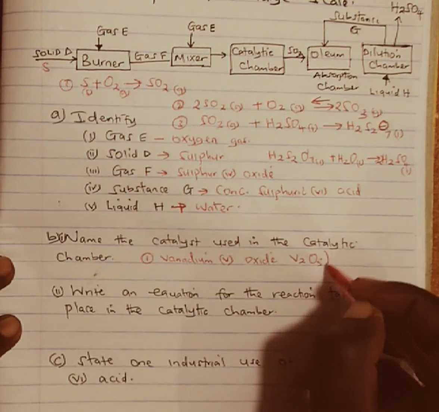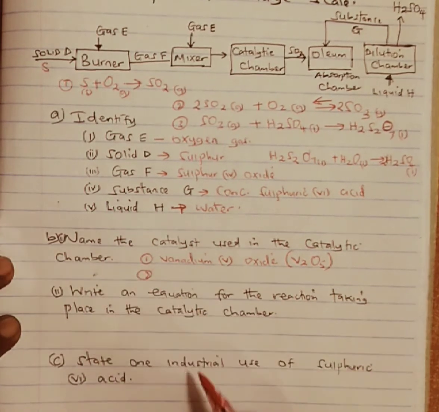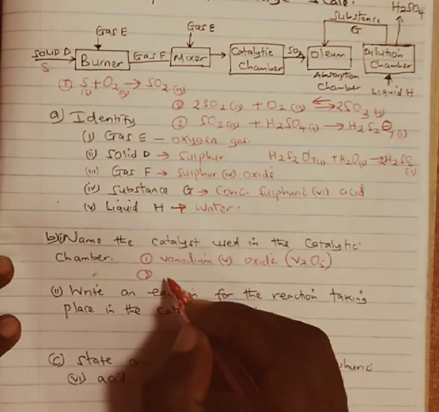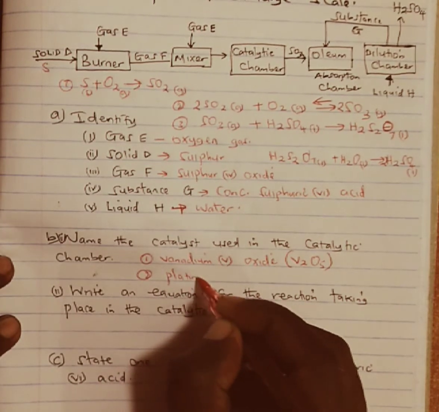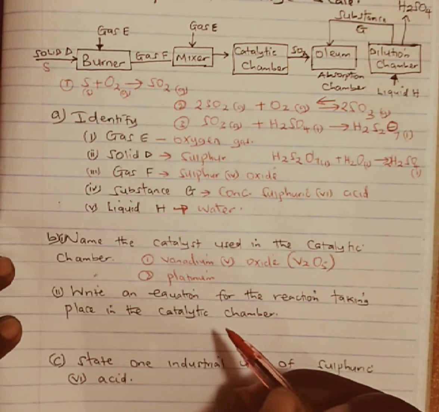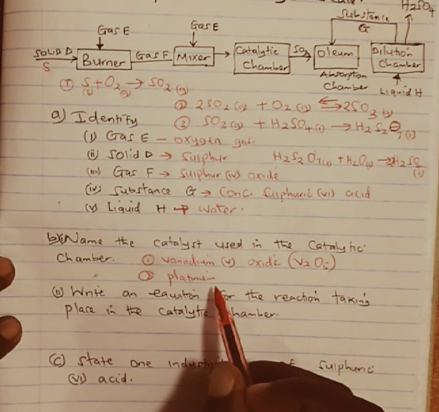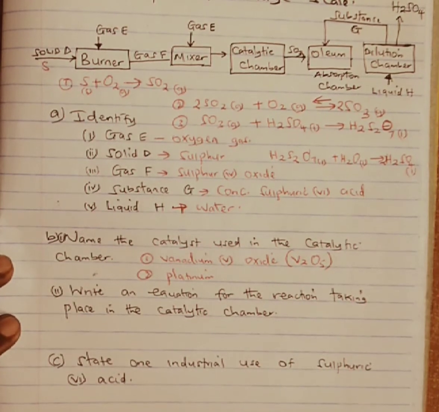Number 1, we have said it is cheaper and less easily poisoned by the catalyst. Number 2, we can use a more expensive catalyst, which is platinum. But platinum has 2 disadvantages. 1, it is expensive. Number 2, it is easily poisoned by the catalyst.